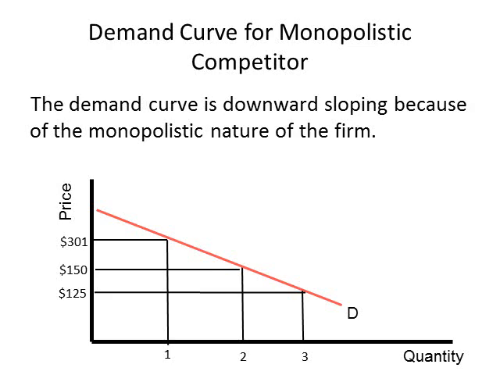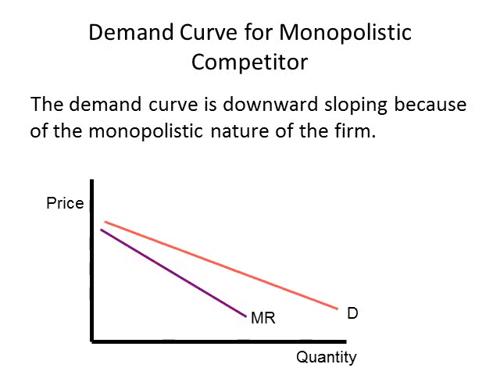Once again, $25 is less than the new price of $125. And this would be the case every time we decrease the price: the marginal revenue would be less than the price. Thus, the marginal revenue curve of the monopolistic competitor, like that of the monopolist, is below the demand curve, and marginal revenue is less than price.